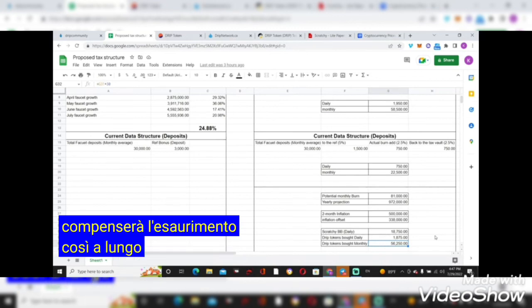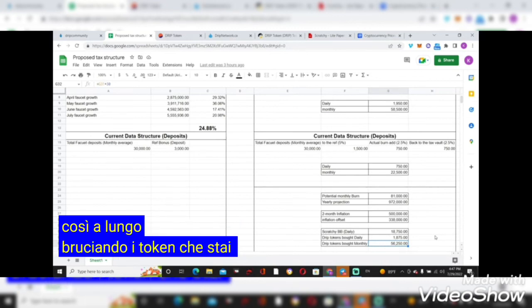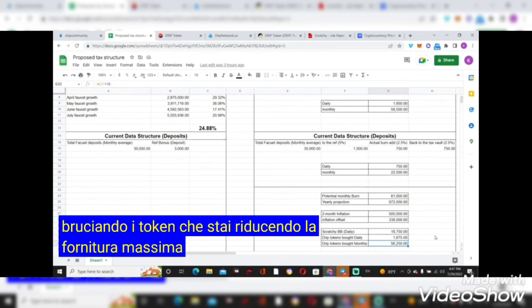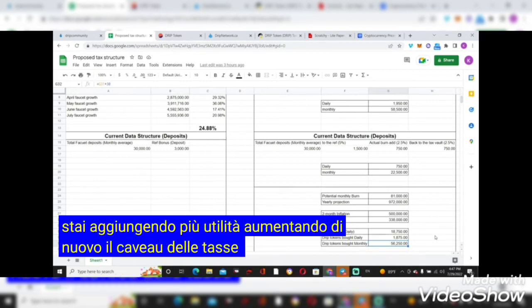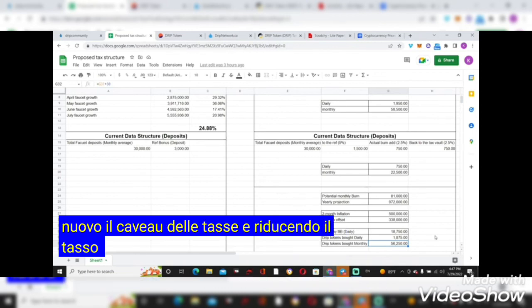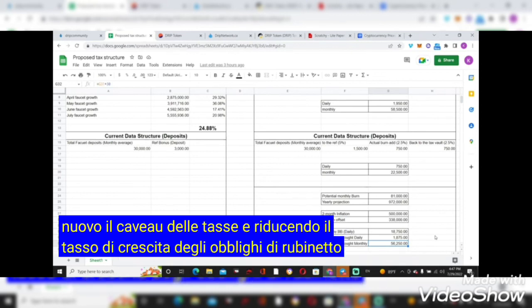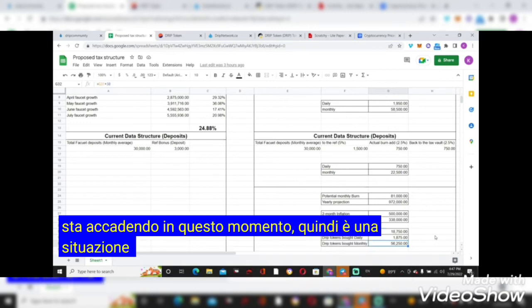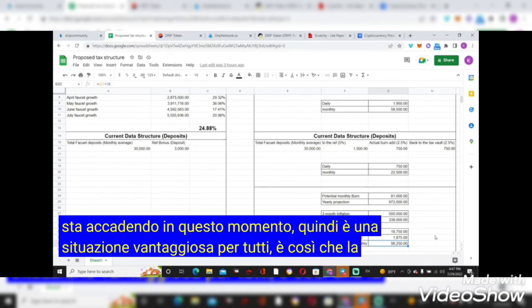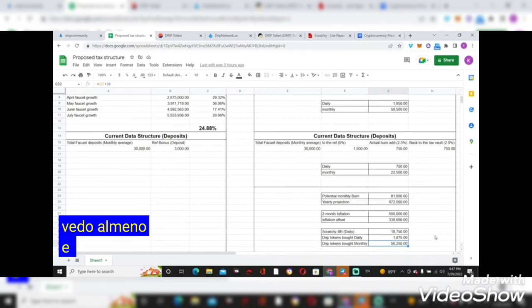So long story short, by burning tokens, you're reducing the maximum supply, you're adding more utility, increasing the tax vault again, and reducing the growth rate of the faucet obligations that is right now happening. So it's a win-win-win situation. That's how I see it, at least. And that is one side of it.